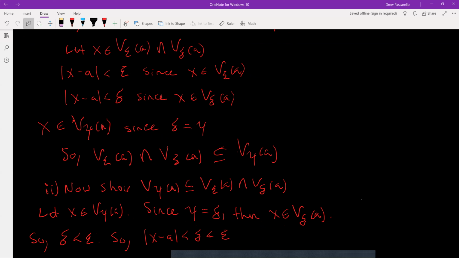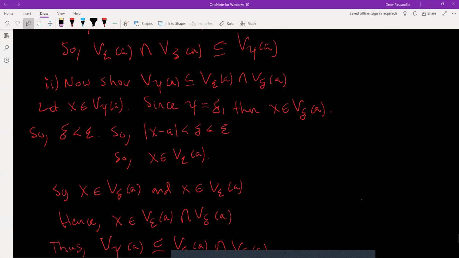And that just means you have the absolute value of x minus a is less than epsilon since it's in the epsilon neighborhood. And then x minus a is less than delta since it's in the delta neighborhood. Well, since I'm letting delta be equal to gamma, then x is also in the gamma neighborhood around a. All right, so since x is in that, then I have the intersection of the epsilon and delta neighborhoods contained in the gamma neighborhood.